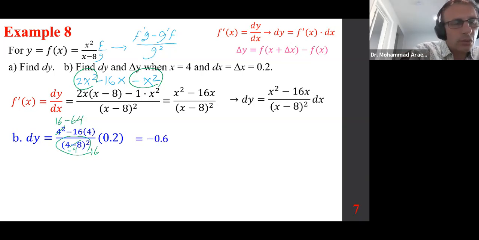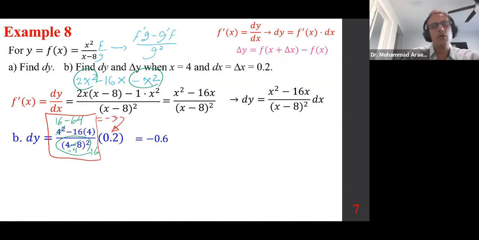This whole thing, class, equals negative 3. If you multiply by 0.2, it results in negative 0.6.